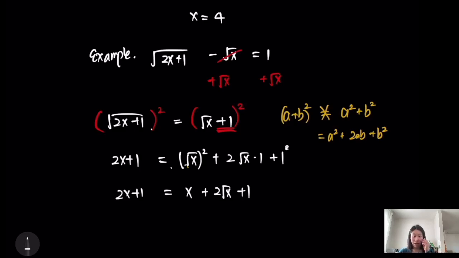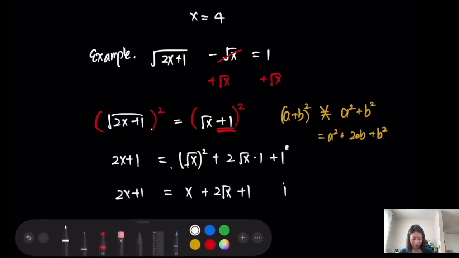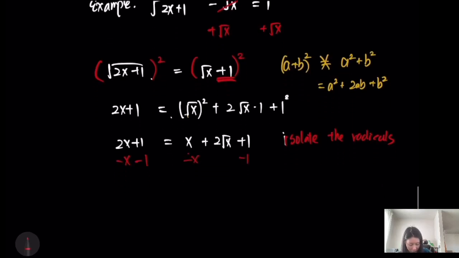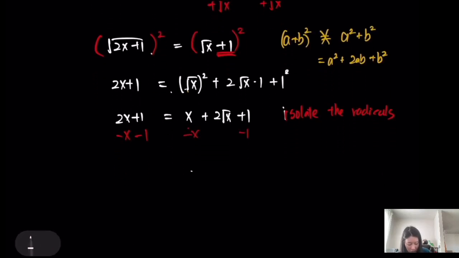We want to isolate the term with the radicals. So in that case, I need to subtract x and minus 1 on both sides. Now I have x equals 2 times square root of x.